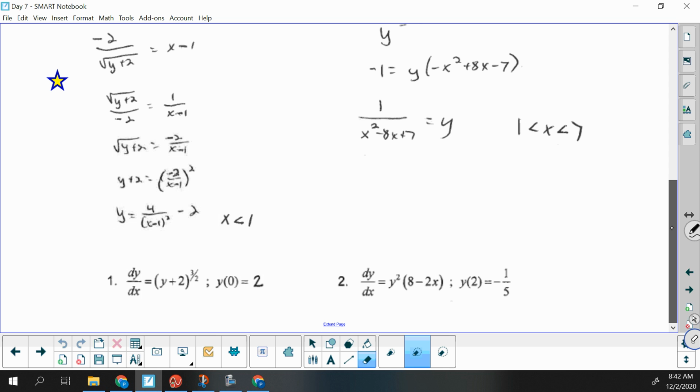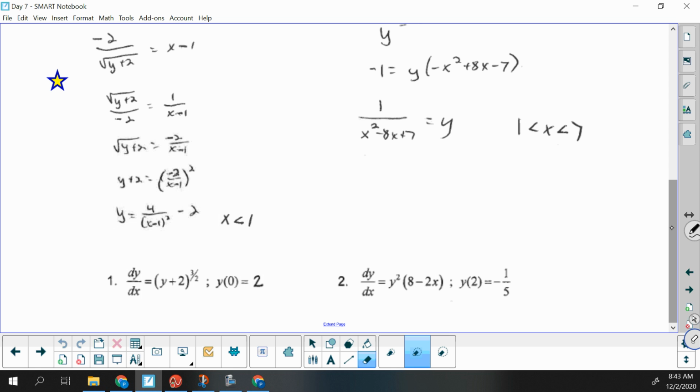And whenever, here's our y value down here, y is equal to 4 over x minus 1 squared, minus 2. Whenever x is less than 1, we're going to get something in the denominator that will make it so that y has to be greater than -2.